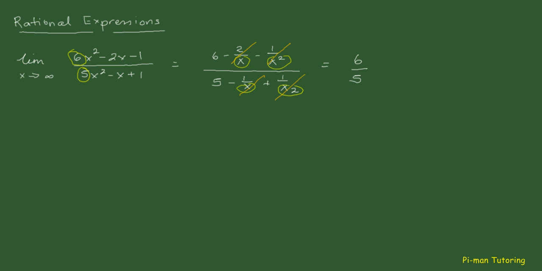And so what we have graphically is a function that has an asymptote at y, or f of x, equals 6 over 5.